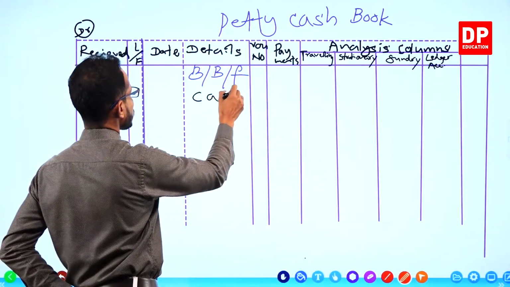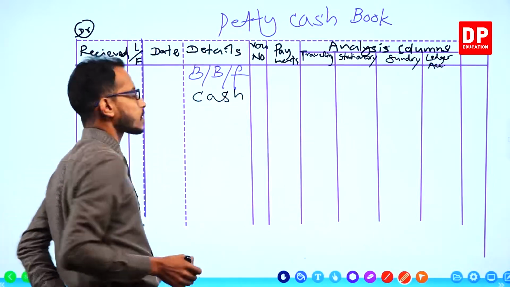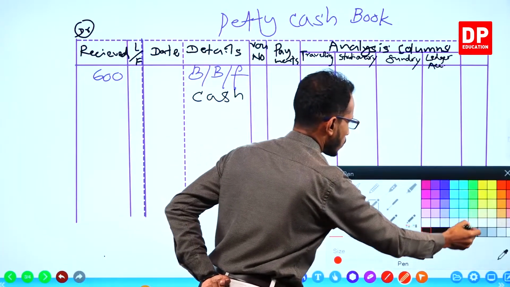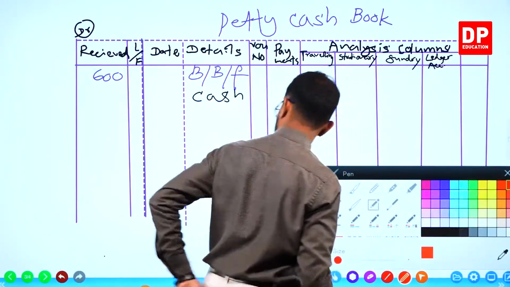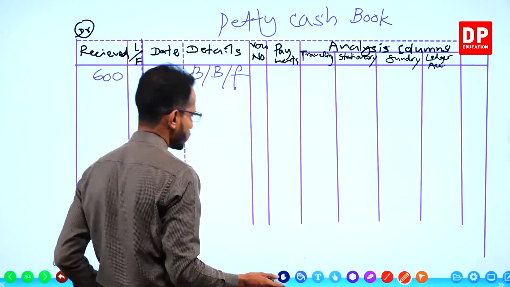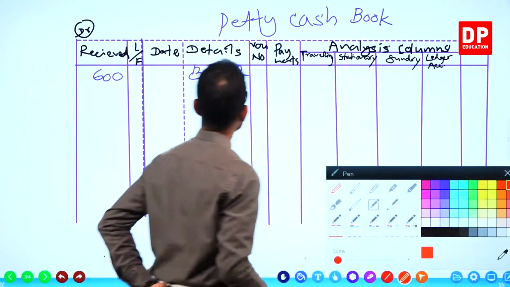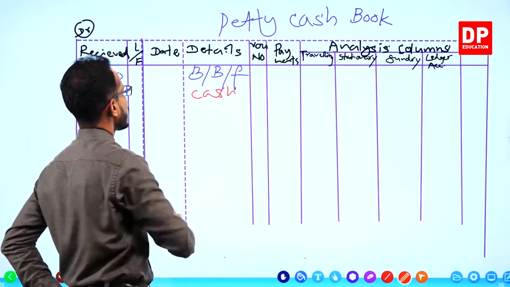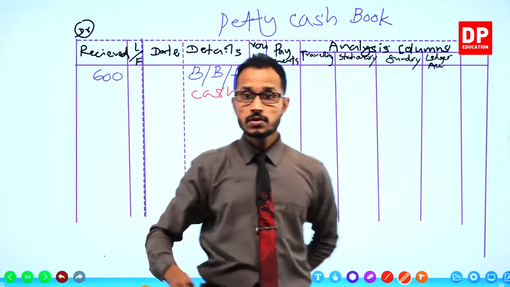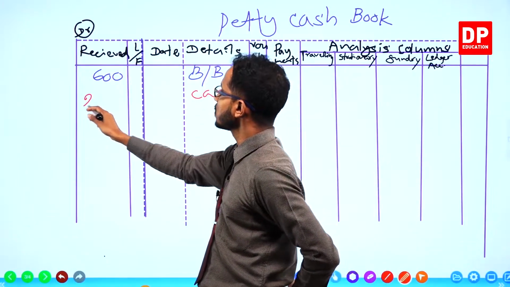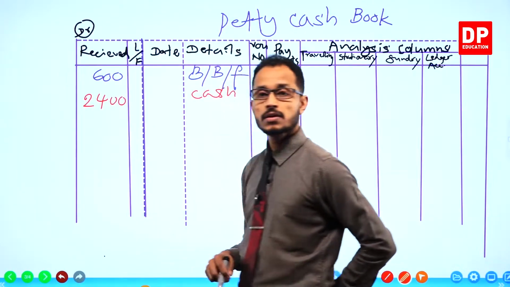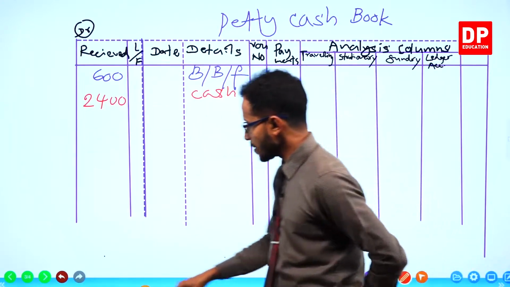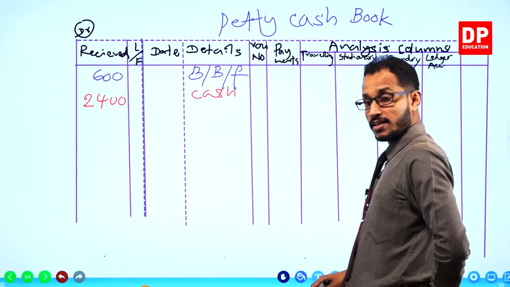That should be our next item. Cash. Let's use the same color, right? Cash. I will move and record it here, 2,400. What about the dates, children? Am I forgetting? No, I'm not forgetting.